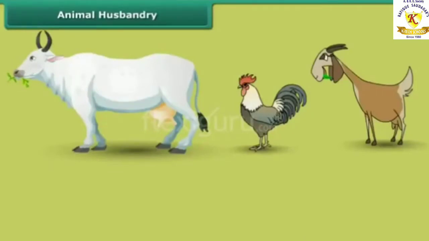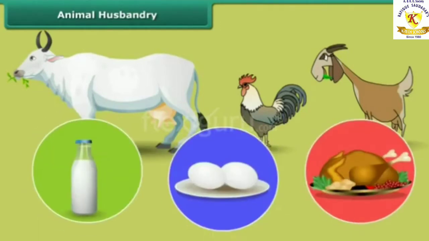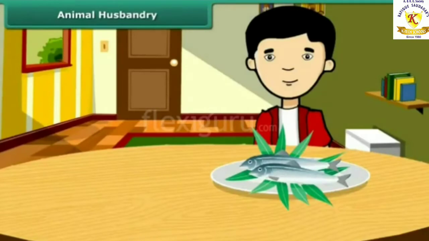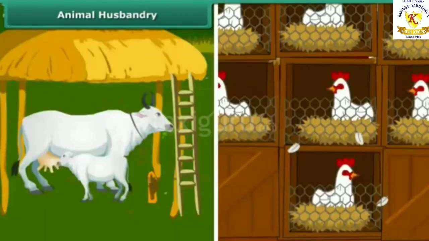Animal husbandry. Children, do you know, like plants, animals also provide us with different kinds of food. Many people living in coastal areas consume fish as a major part of their diet. You will be surprised to know that just like the process of crop production, animals are also reared at home or in farms.